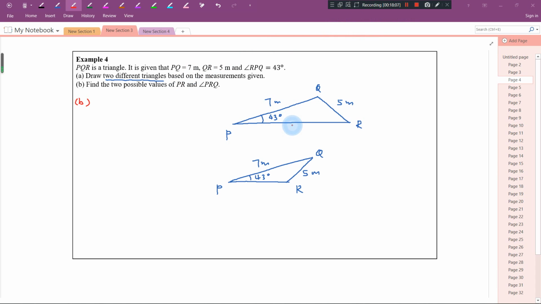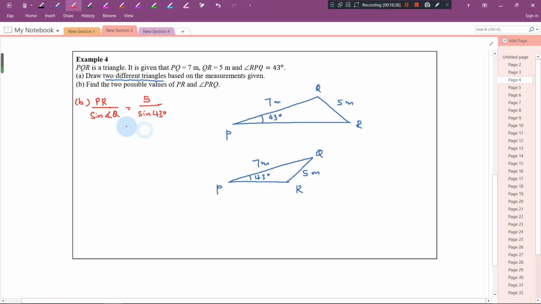Now I want to find side length PR. I put PR on the top. PR over sine angle Q is equal to 5 over sine 43 degrees.